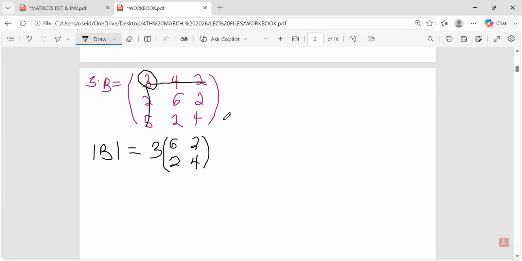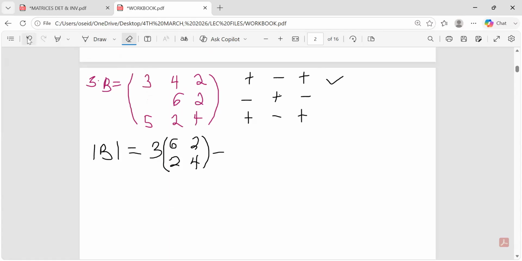Then our cofactor sign says plus, minus, plus, minus, plus, minus, plus, minus, plus. With this one, we are dealing with row 1, and row 1 says plus, minus, plus. So we are using this. That's why the 3 is positive. So the next term is negative. So minus.